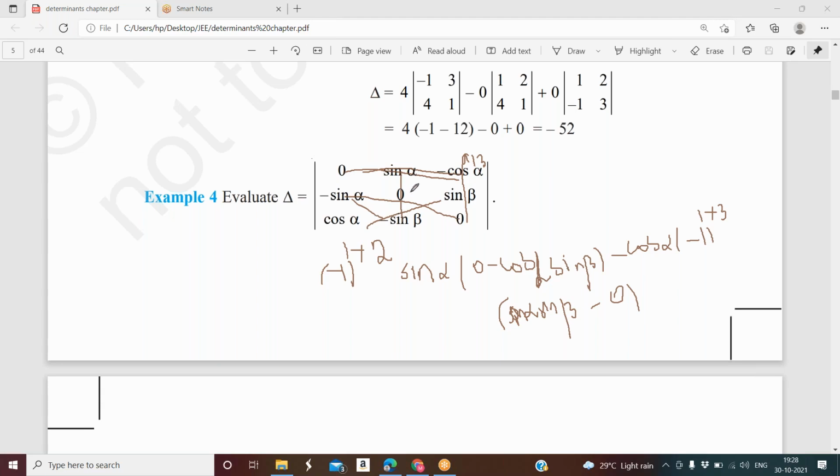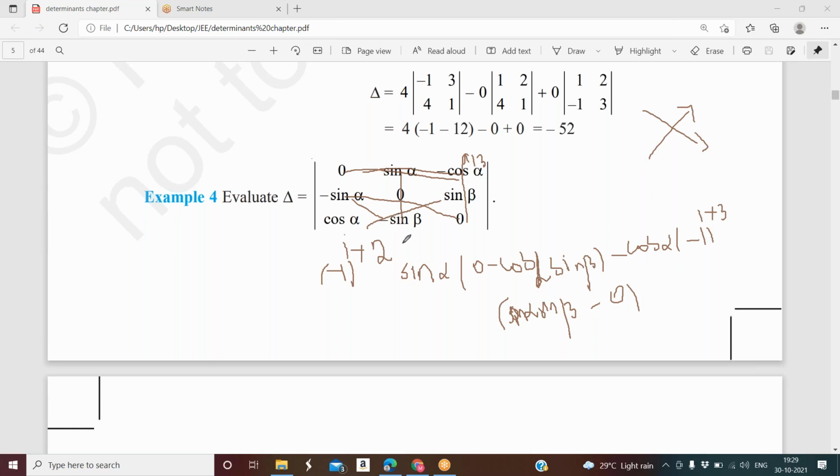Then we go upward, and when you go up, you have to add a minus sign in the middle. So what I am getting here is sine alpha sine beta minus 0.